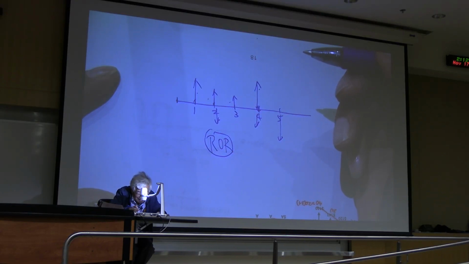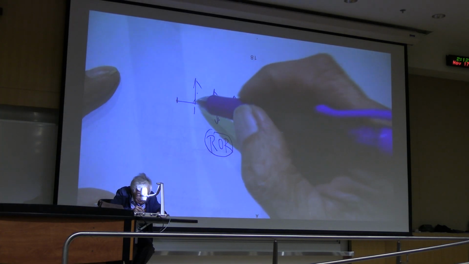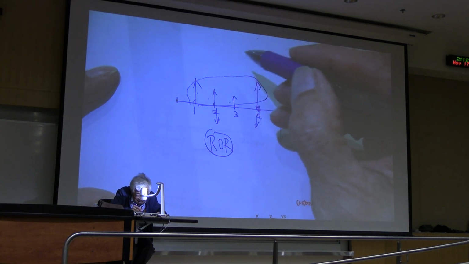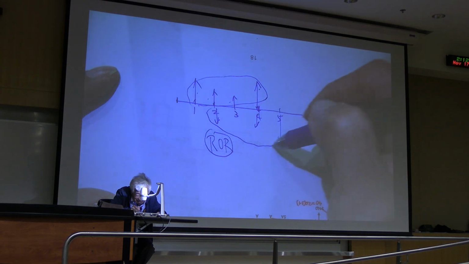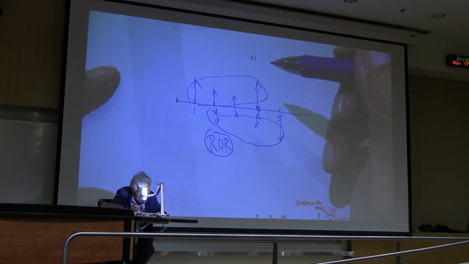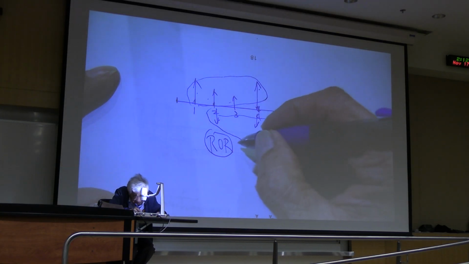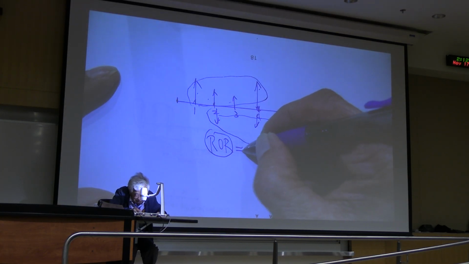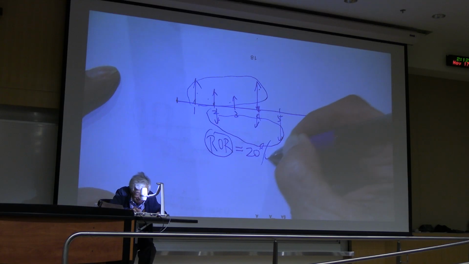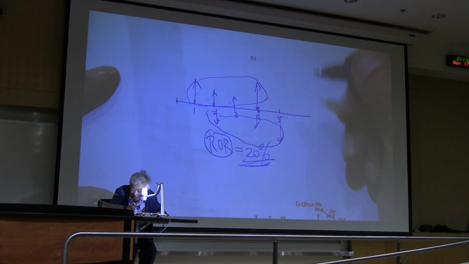For your project, positive means revenue, negative means expense. If people tell you my rate of return is 20%, what does that mean?